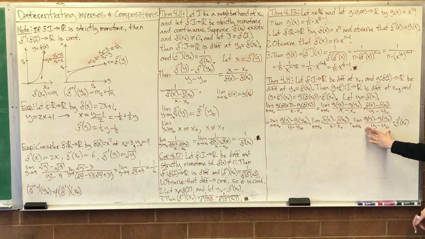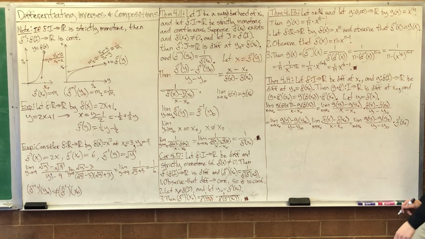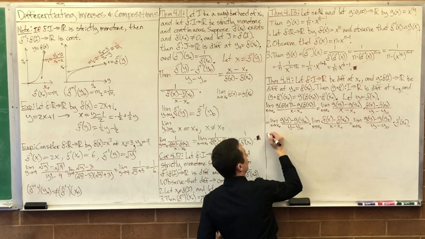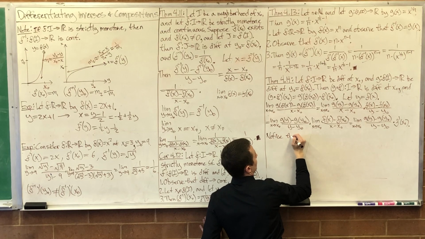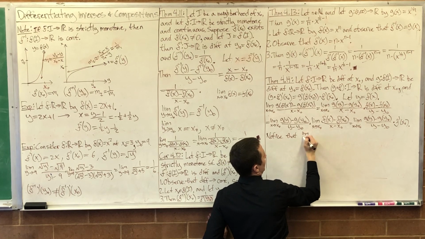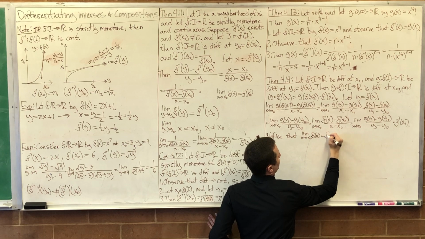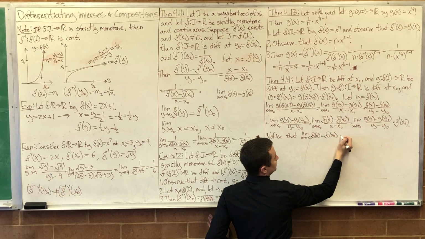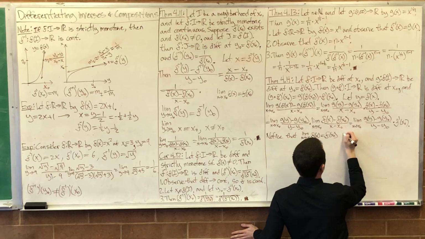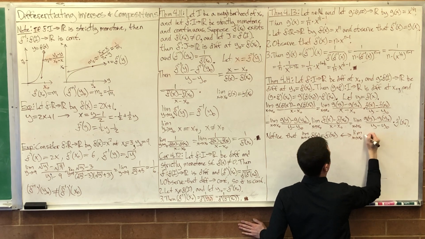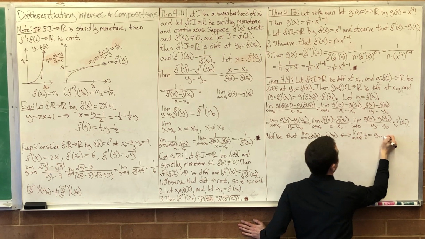So all that remains to do is to figure out this limit, right? Now, notice that the limit as x approaches x naught of f of x is equal to f of x naught, or that's the same thing as, if you want to see it this way, the limit as x approaches x naught of y is equal to y naught.